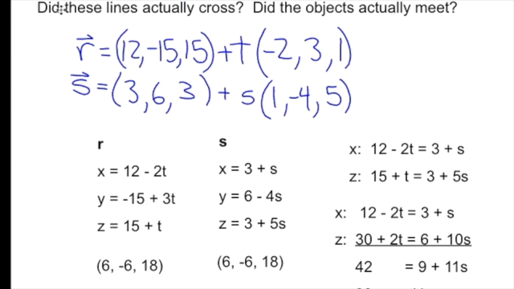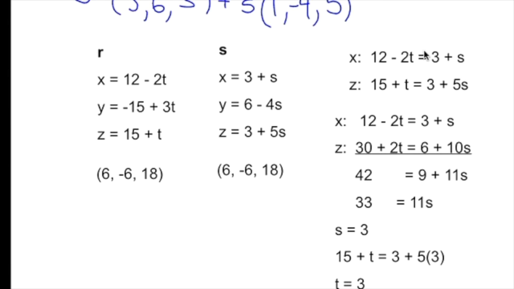So the answer to the question, did these lines actually cross, is yes, they did. They did at the point (6, negative 6, 18). So then the question is, do the lines actually meet? And the cool thing is we don't have to do any more work because we've already done all the work we need. And the fact of the matter is, yes, they do actually meet because notice our parameters ended up the same.